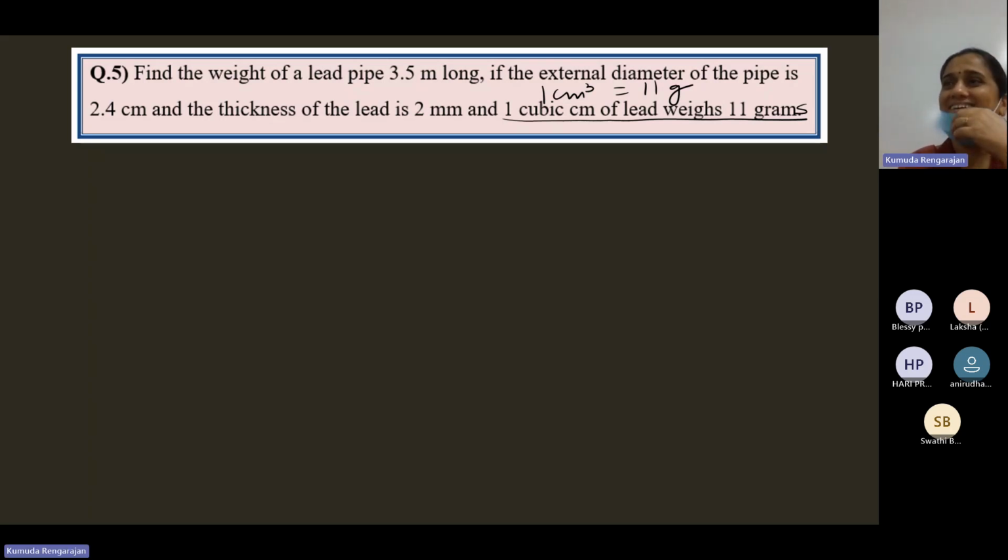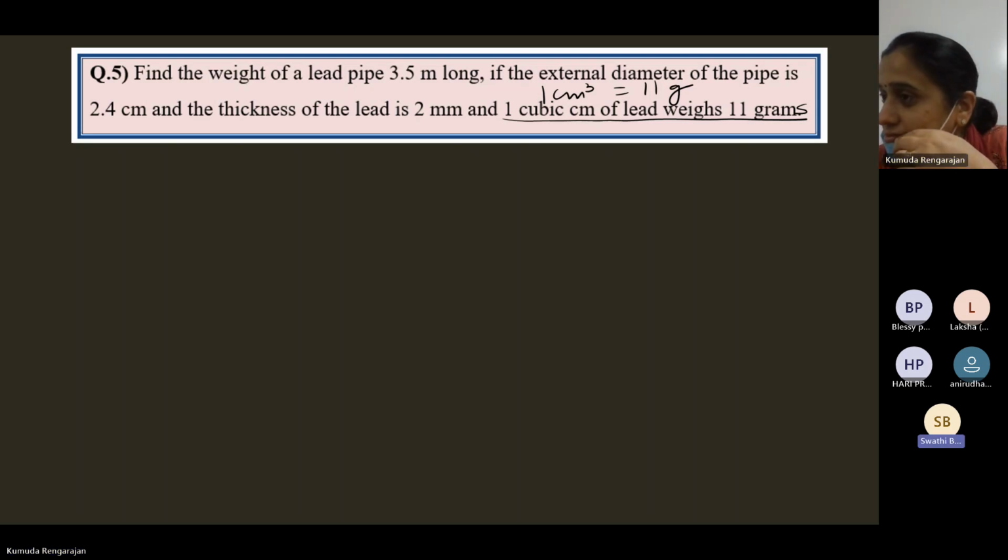It's a metal? No, I don't know. I'm a commerce student. Okay, online students, is lead a metal or non-metal? Why is the class observing silence? Online students? It's a metal, ma'am.